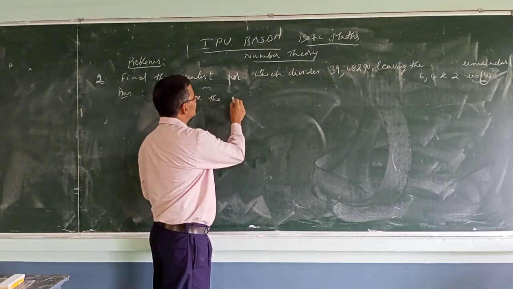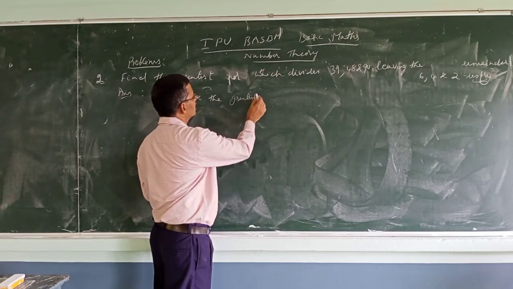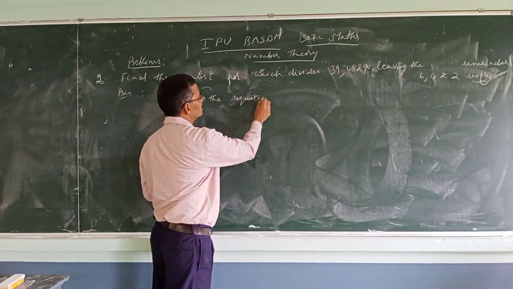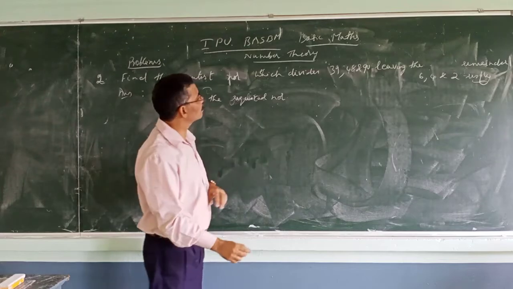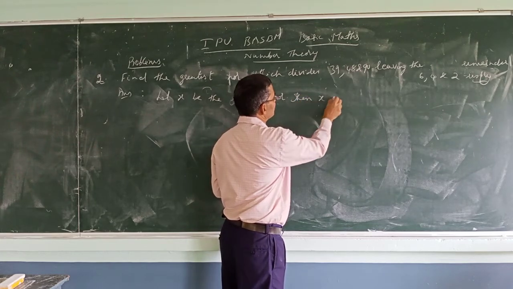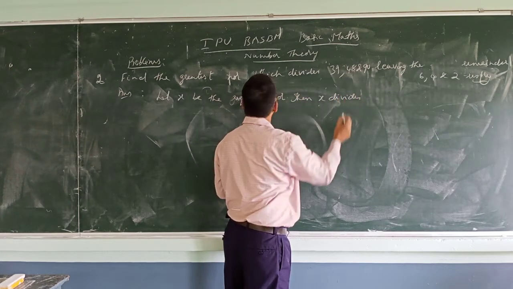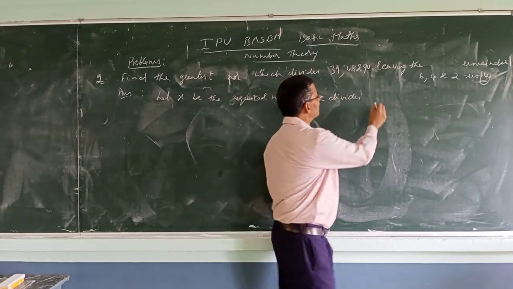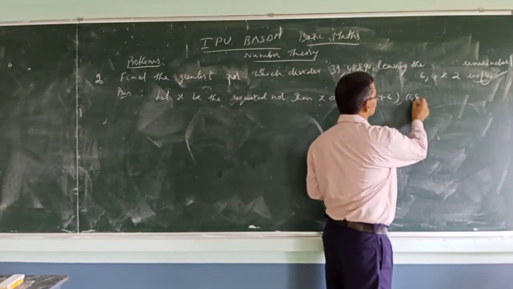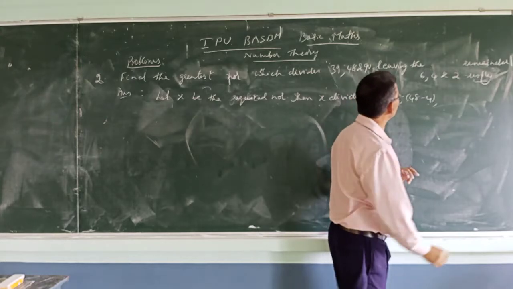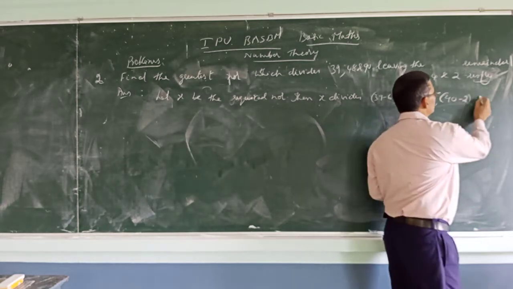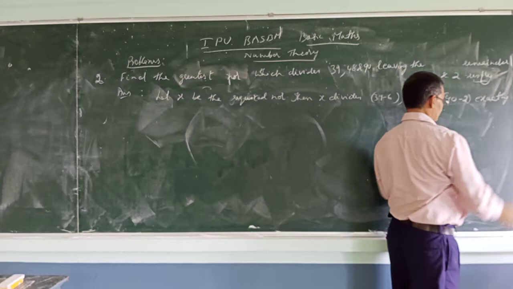Let x be the required number. Then x divides 39 minus 6, 48 minus 4, and 90 minus 2 exactly.